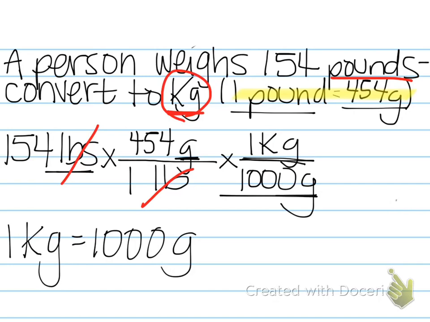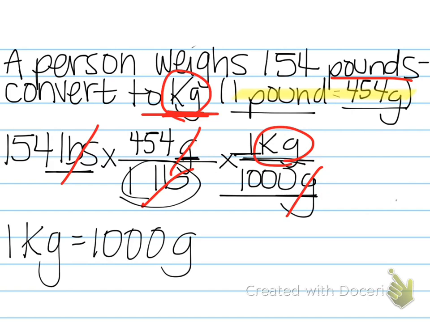All right, so now our grams cancel, and we are left with kilograms, which is what we want from the problem. So now we're ready to do our math. So numbers on the top, we have 154, and we're going to multiply that by 454. Then we're going to divide that by 1, which leaves it the same. Now we multiply by 1 on the top.